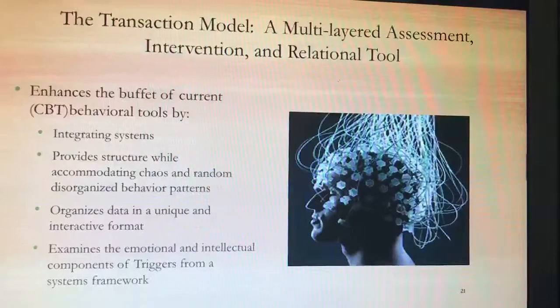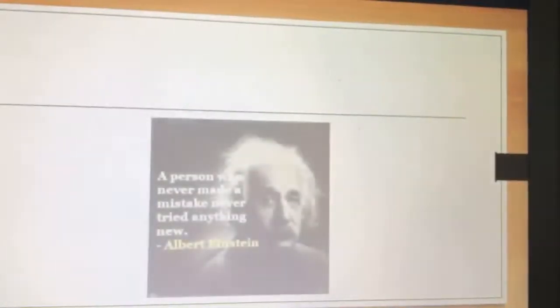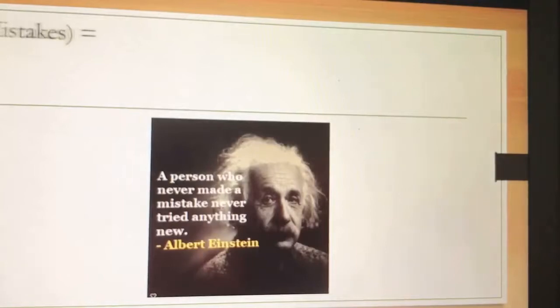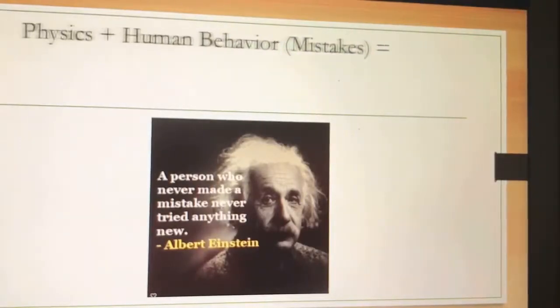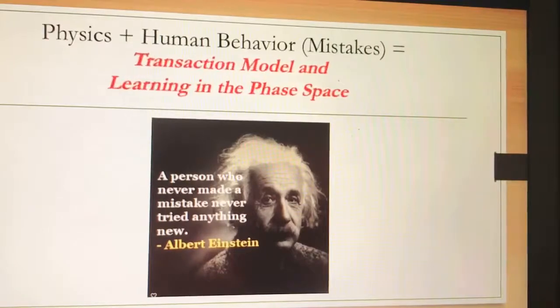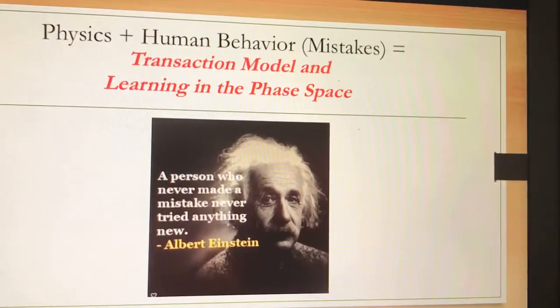The transaction model combines physics and takes the opportunity of mistakes to create learning in the phase space. Mind as machine is a new epistemology based on the assumption that nature and behavior is disorderly and chaotic.